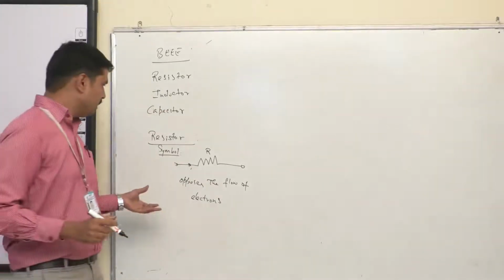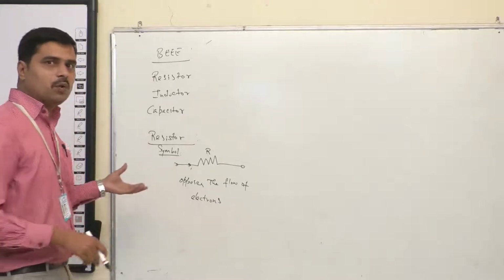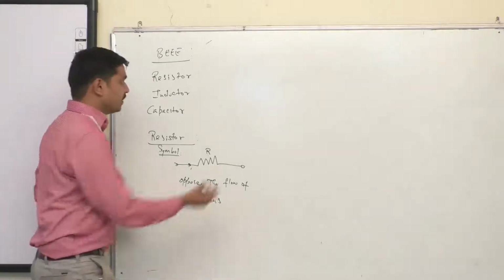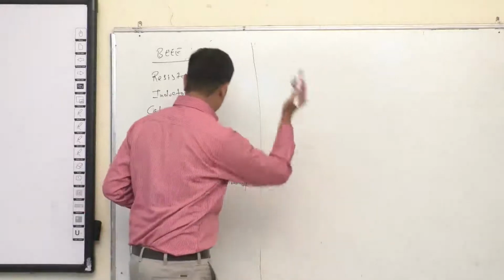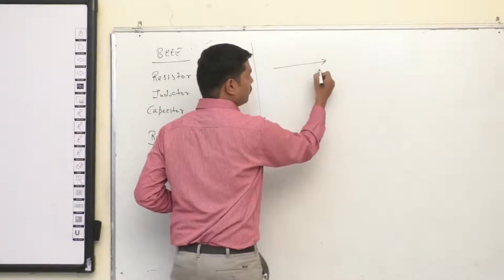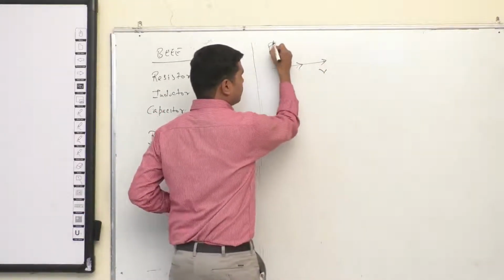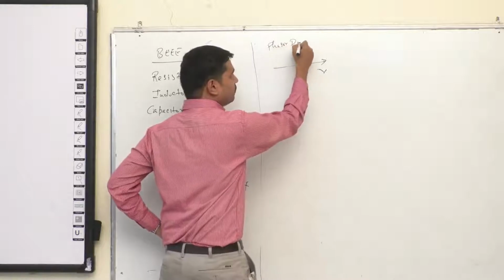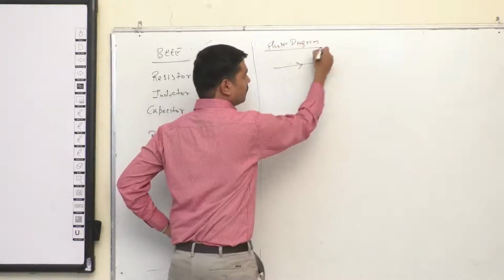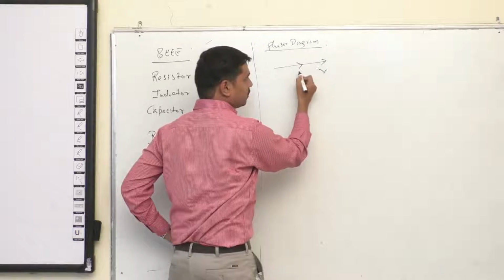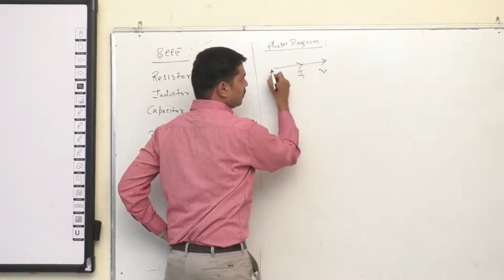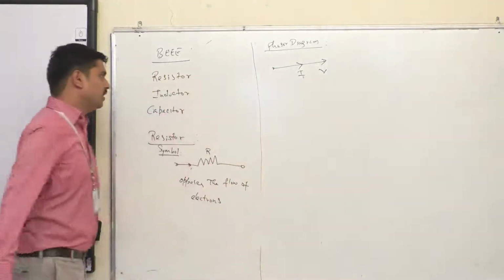If you see the relationship between current and voltage for the resistor, this is the phasor diagram. Here the current and voltage are in phase.